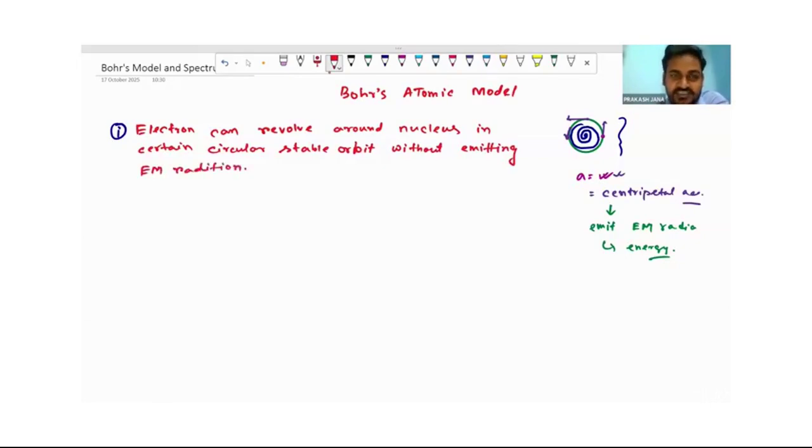Okay, so this is one of the postulates of Bohr's model.